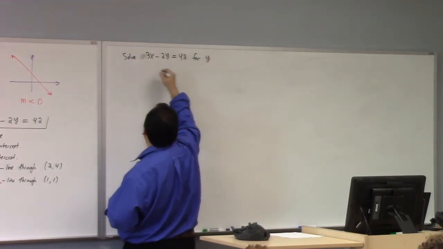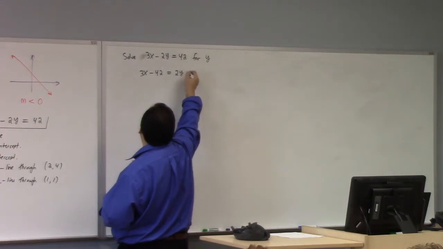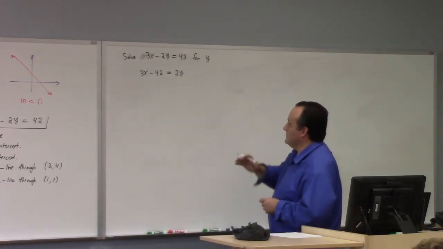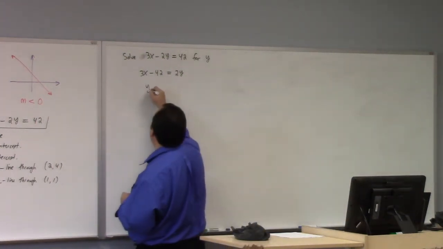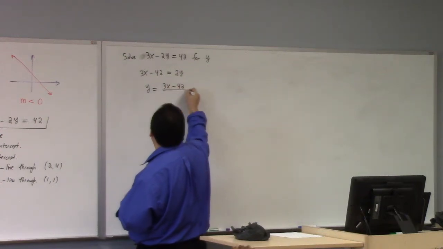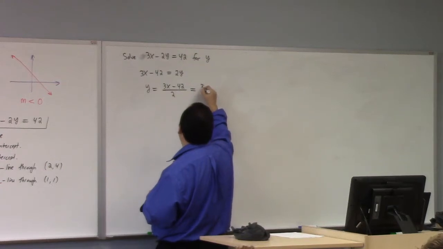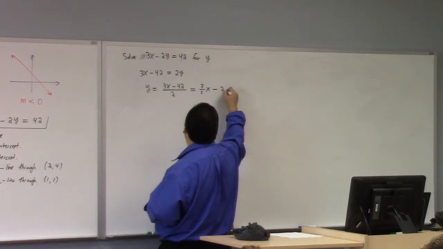To do that, isolate the y. We have 3x minus 42 equals 2y. Just move everything with y to one side, and then divide. So this gives me y is (3x minus 42) over 2, which simplifies to 3/2 x minus 42 over 2, which is 21.